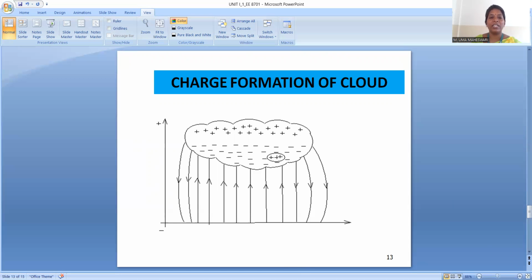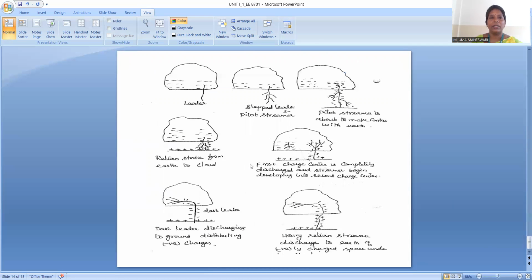So consider two negative charge centers in the cloud. When the electric field intensity in the cloud at a particular point and the charge concentration exceed the breakdown value of the moisturized air, an electric streamer with plasma is introduced. You can see the diagram of the electric streamer.